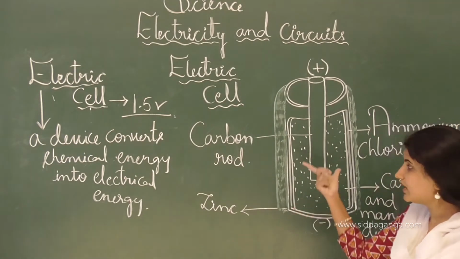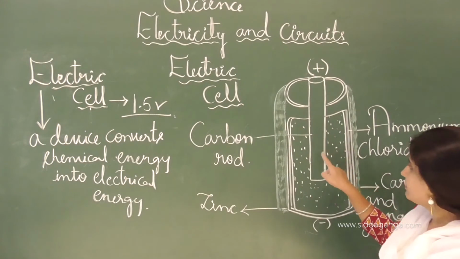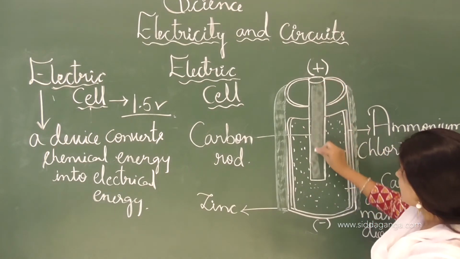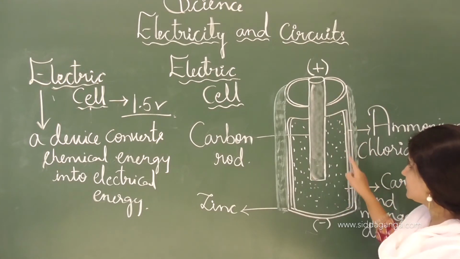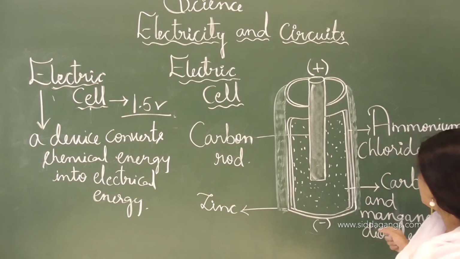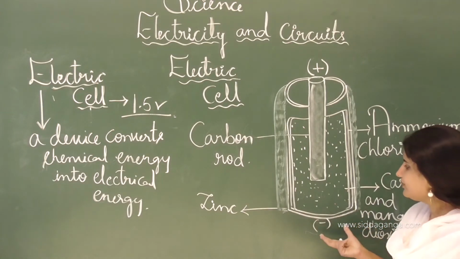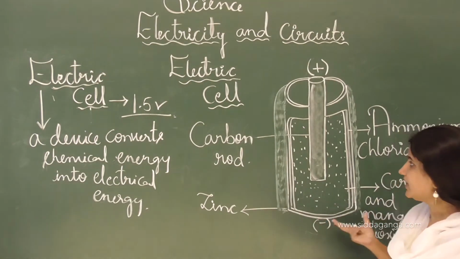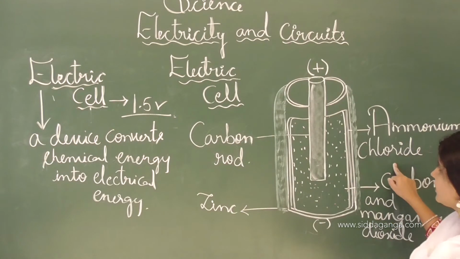Inside the structure there are different parts present, and here at the middle portion of the electric cell there is a carbon rod situated at the center, and surrounding this carbon rod the carbon and the manganese dioxide will be present, and thereby the zinc container will be present here, and the outer surface of these is covered with ammonium chloride.